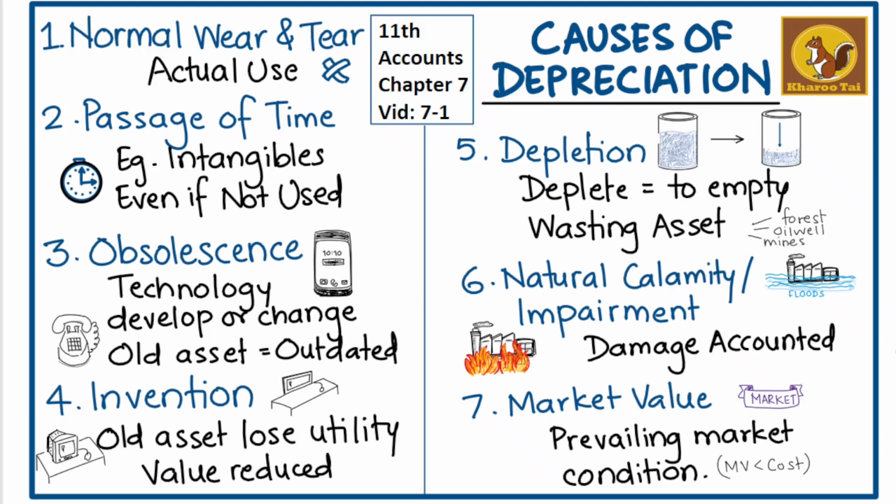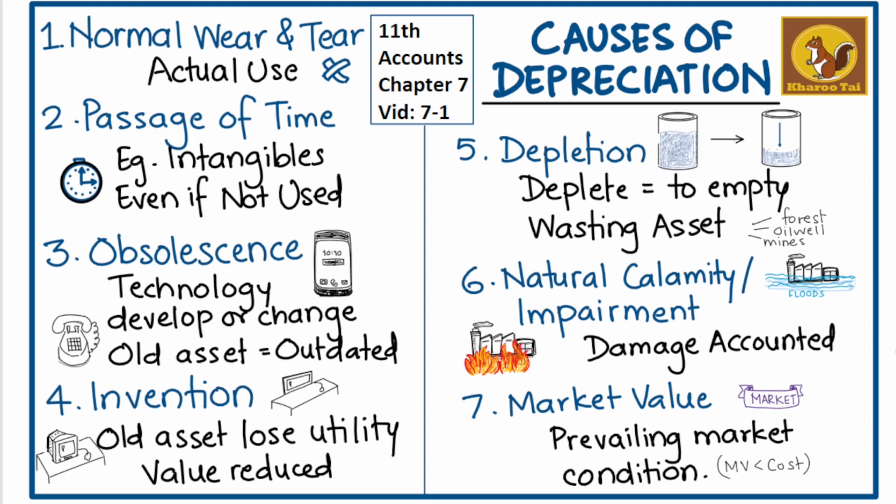Third point is obsolescence, that is when technology develops or changes, old asset becomes obsolete, that is outdated, and because of that the value of old asset is reduced. The similar point is invention. When a new product is invented, old asset loses its utility, and because of that value gets reduced.